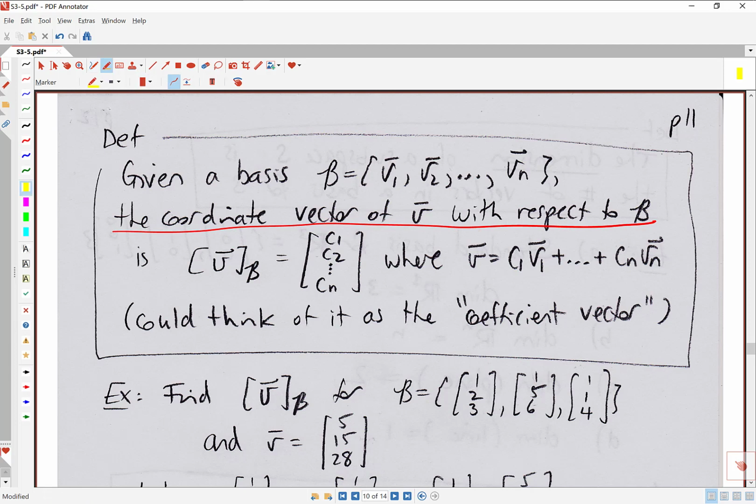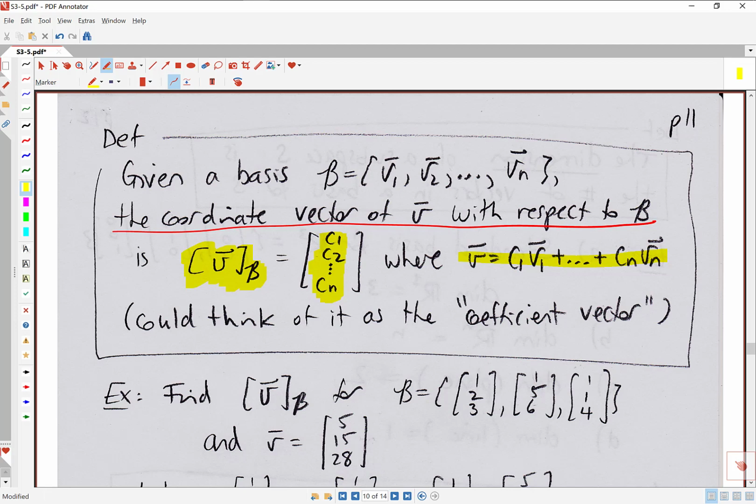So for the notation that we're going to use, you're going to write down the name of the vector, and then square brackets, and you're going to put a subscript for the name of the basis. And what this is giving us is just a set of coefficients, C1, C2, Cn, where these are the coefficients that you use to build V. So this is called the coordinate vector of vector V with respect to B. I often think of this as the coefficient vector.